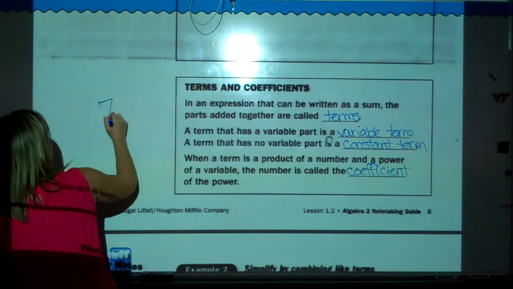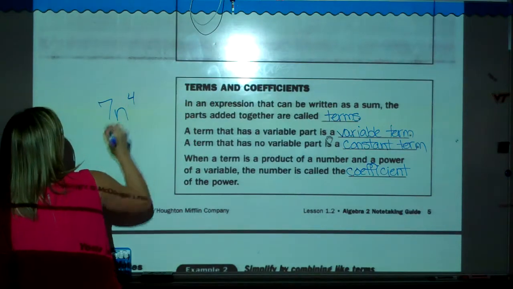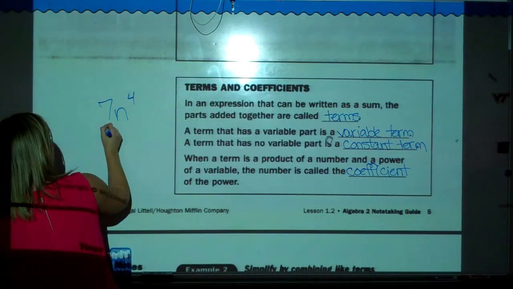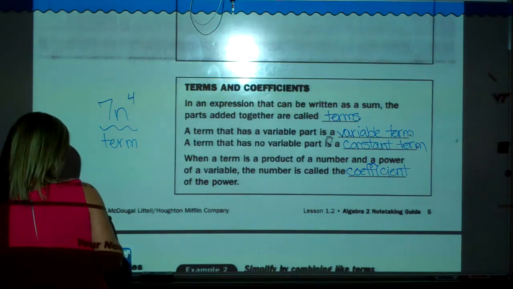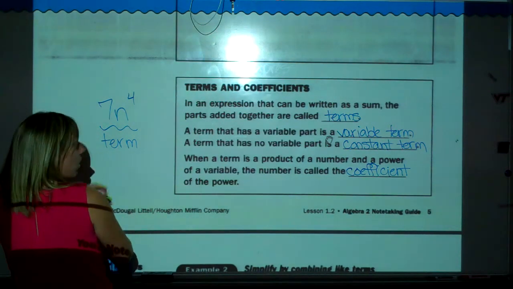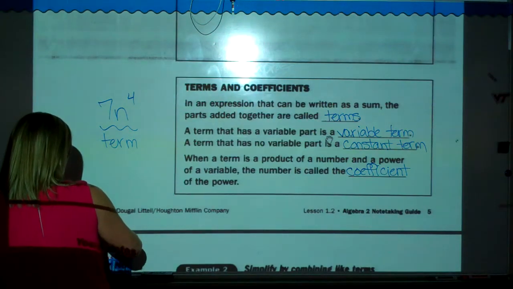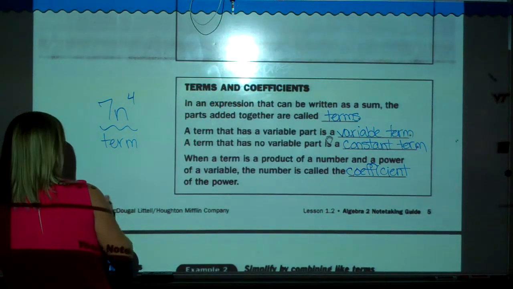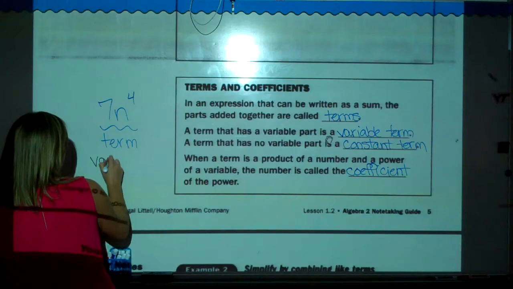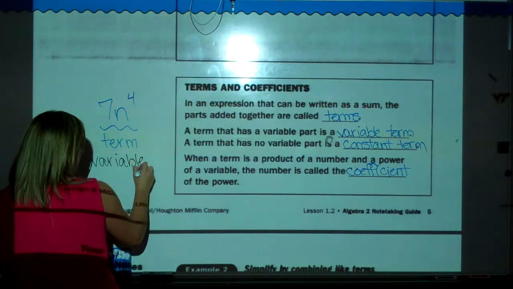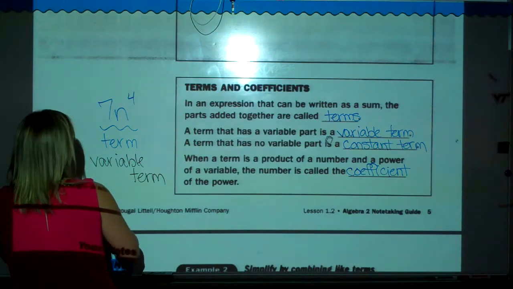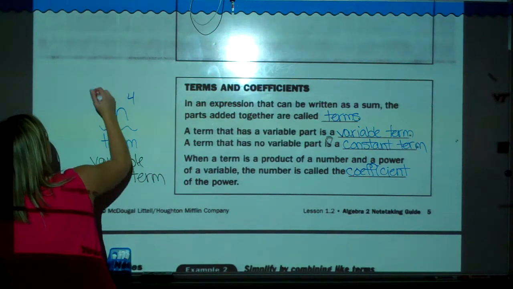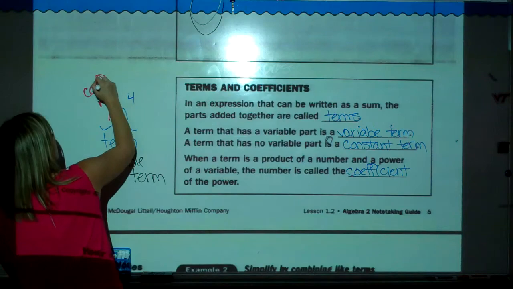If I've got 7n to the 4th, this whole thing is a term. This would be called a variable term because it has a variable in it. And the 7 is the coefficient.